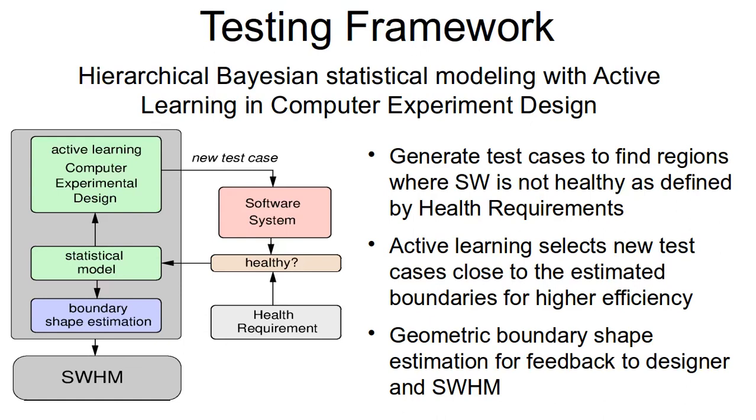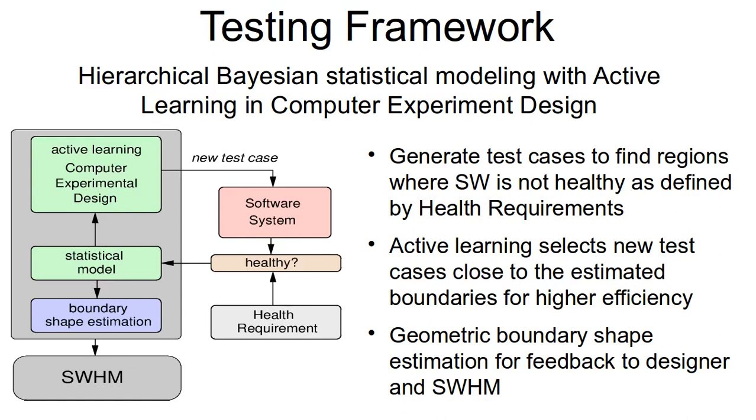Our testing framework uses hierarchical Bayesian statistical modeling with active learning in computer experiment design. Our overall system architecture is on the left-hand side. Here we have the software system.